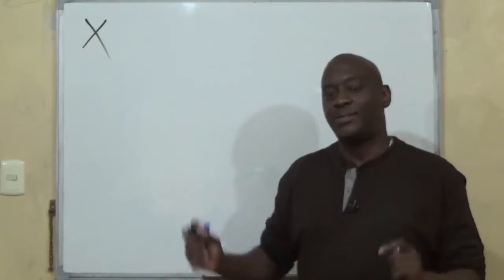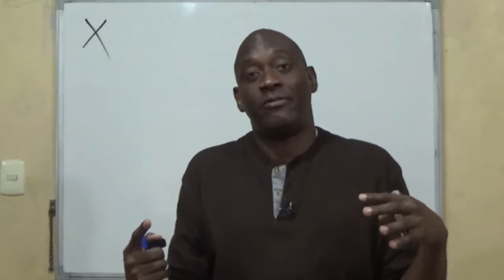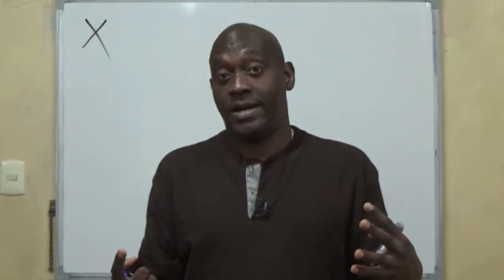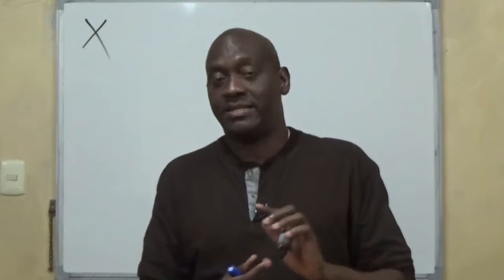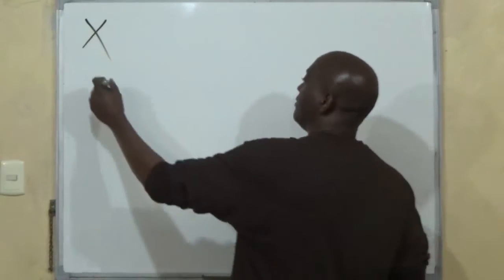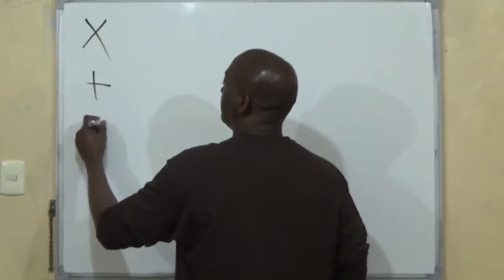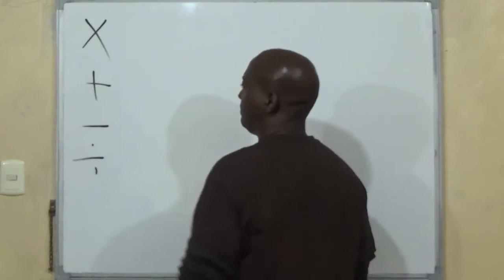If we multiply two elements, then it becomes a binary operator, and in that case, the operation is a binary operation. Same thing for addition, subtraction, and division.